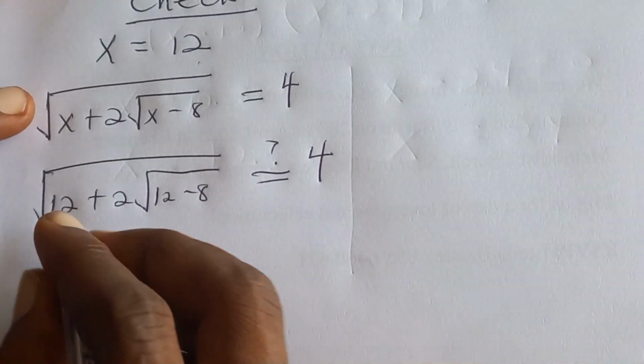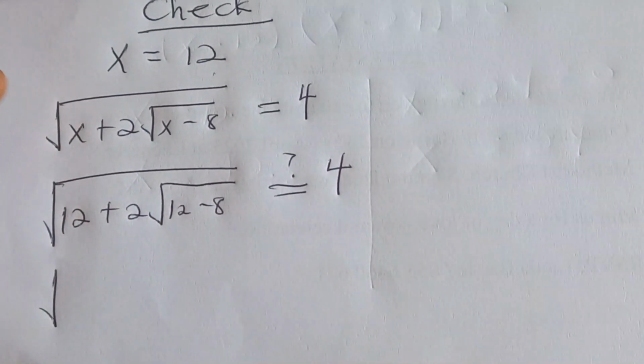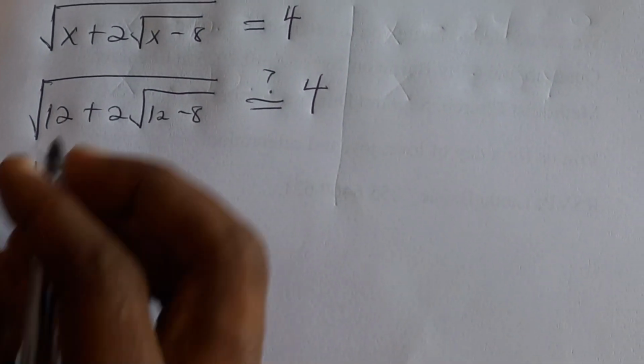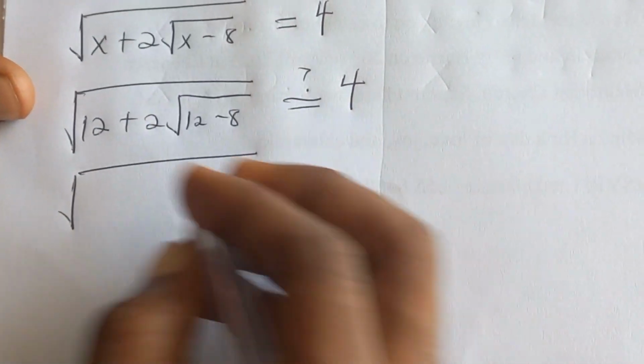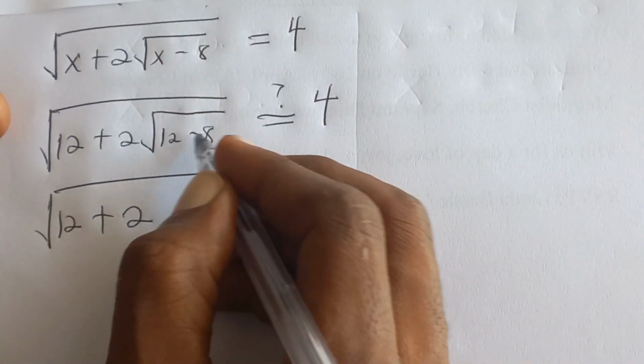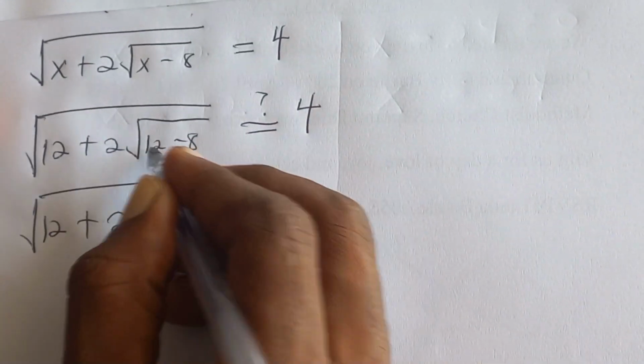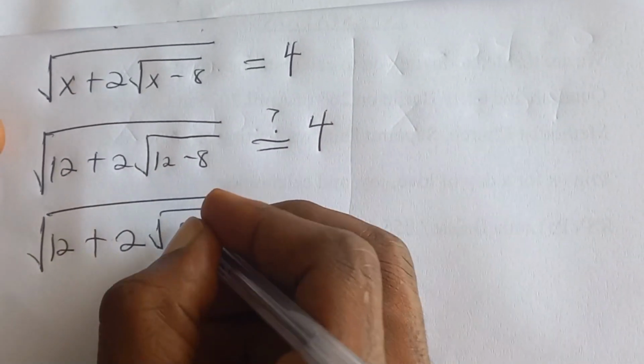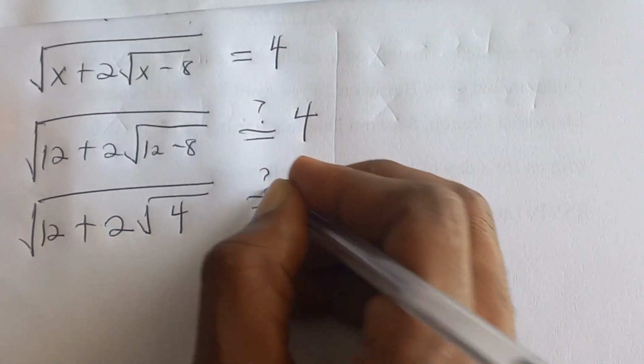Now, 12 minus 8 we are getting 4, and this should be equal to 4.